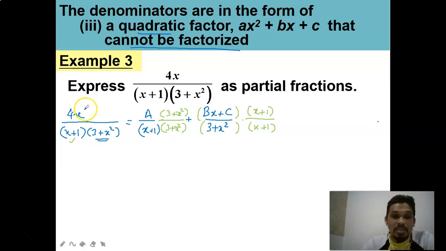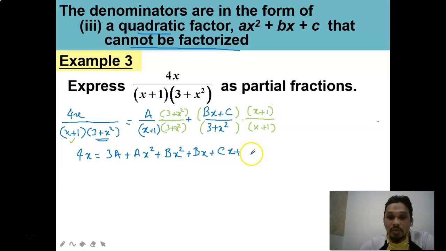So we may now just compare the numerator of 4x equal to, now A times 3 equals 3A. A times x squared equals Ax squared. Bx times x, Bx squared. B times 1 equals Bx. C times x equals Cx.